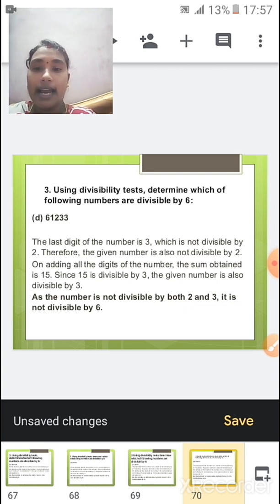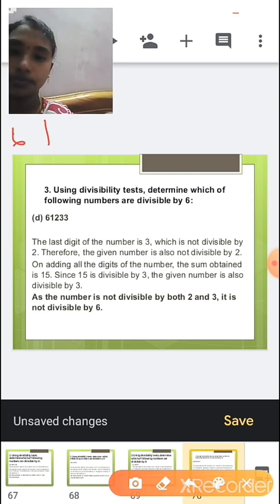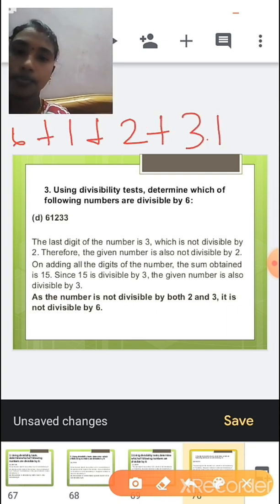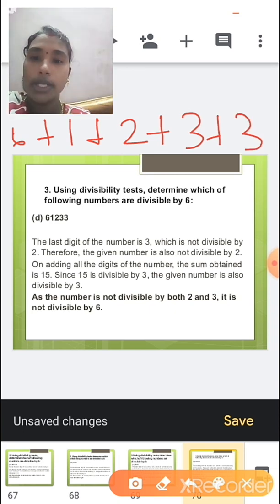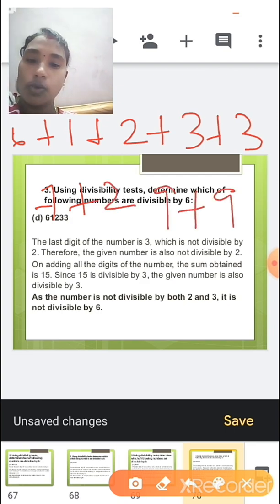So let us add the numbers to find out whether this particular number is divisible by 3. So let's add 6 plus 1 plus 2 plus 3 plus 3. So when you add 6 plus 1, it gives you 7. 7 plus 2 will give you 9.